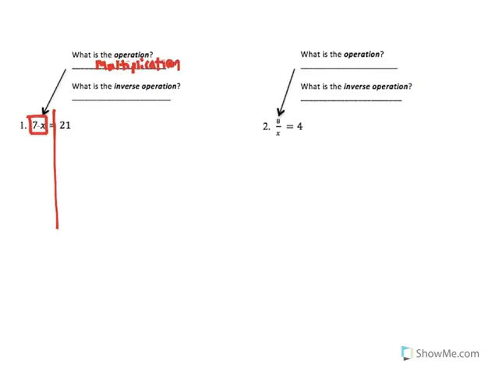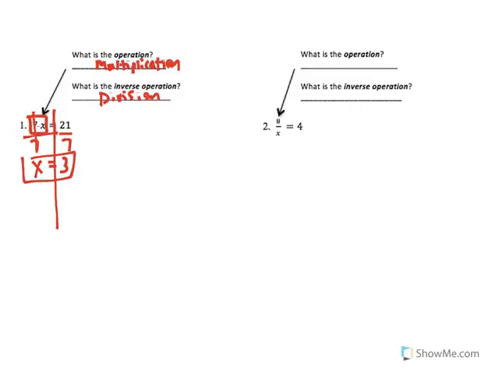How do I get this 7 away from the x? I need to use the inverse operation. The inverse of multiplication is division. So I divide both sides by 7, and I get x equals 3. And that will be my answer here.